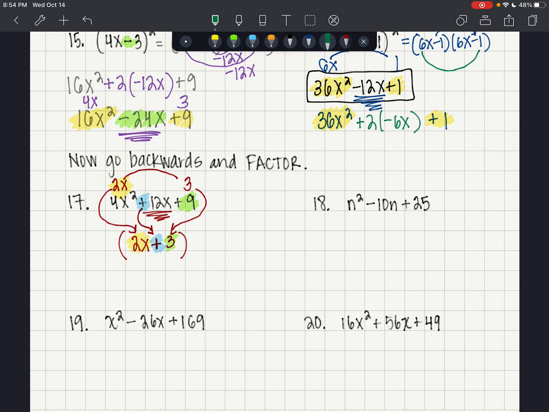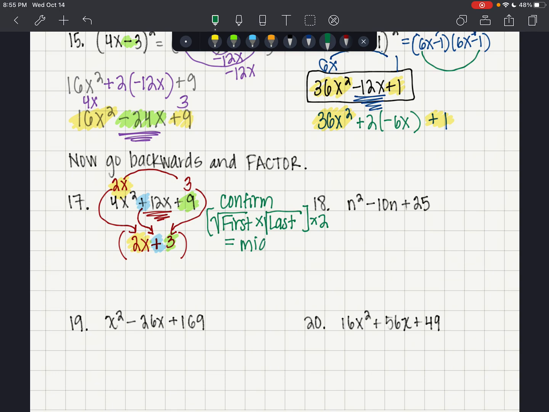You always have to confirm that the square root of the first times the square root of the last, times 2, is equal to the middle term.